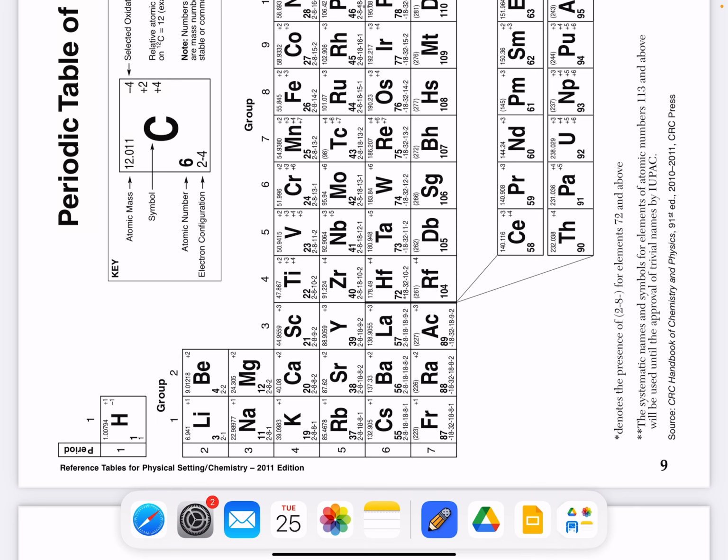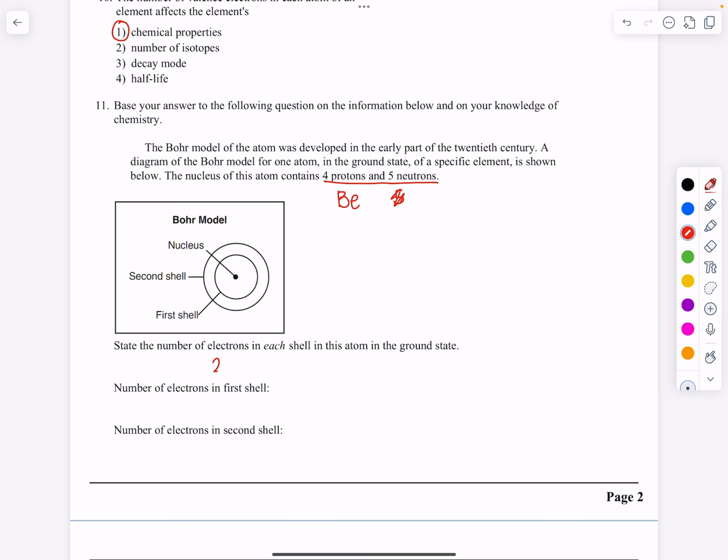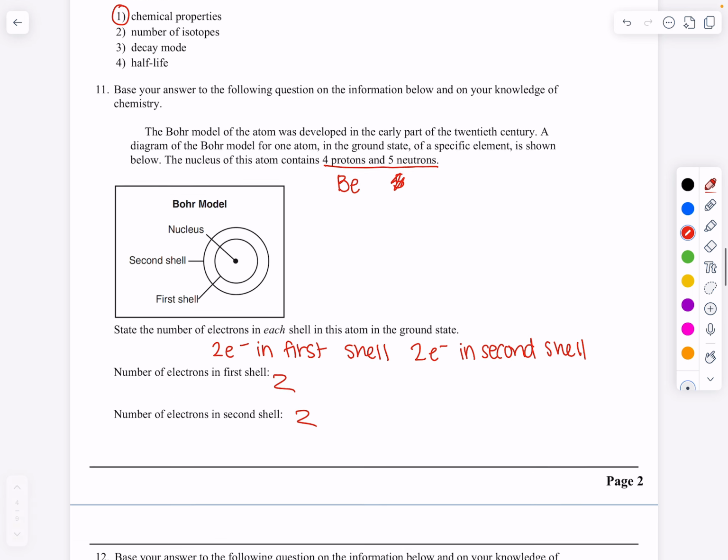So there's 2 electrons in the first shell, 2 electrons in the second shell. That's it. Number of electrons in the first shell, oh, I just wrote it in the wrong spot. So that would be 2 for this one and 2 for this one. Right? Okay.